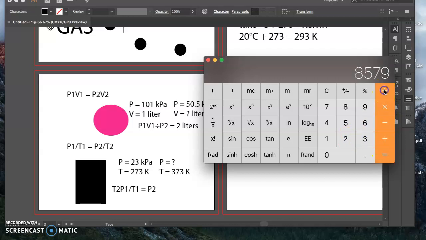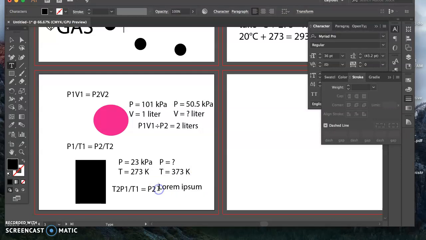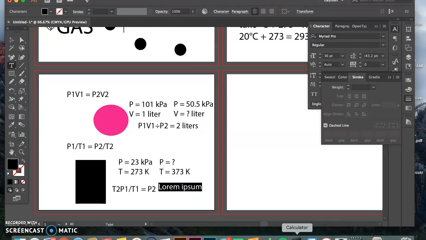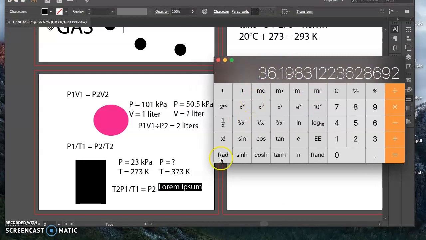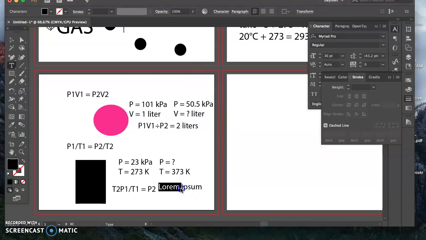Then we're going to divide that by our old temperature, 273. Now we get a new, let's try that again, 36.2. Equals 36.2 what? kPa. All right, that's it for that. And I'm going to give you one more question using the ideal gas law.